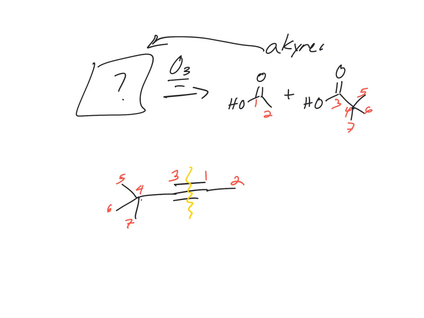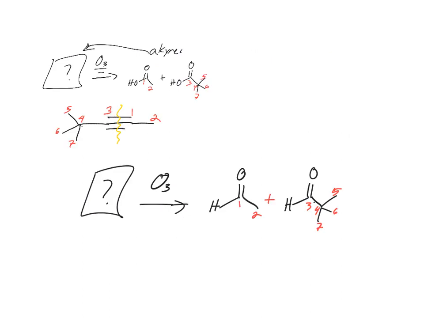Number your carbons. So what if we switch it around and looked at something like this? So it's a little different. So ozone again, but now we have two aldehydes. Two aldehydes, not carboxylic acids. This should tell you this is probably an alkene starting material. And carbon 1 and carbon 3 are bonded together. So an alkene, 1 and 3, there could be 2.